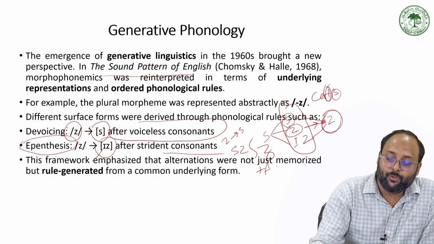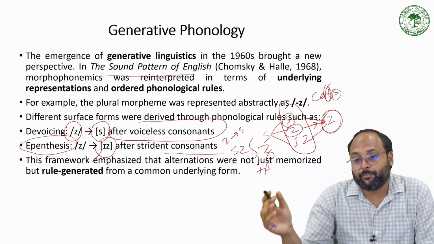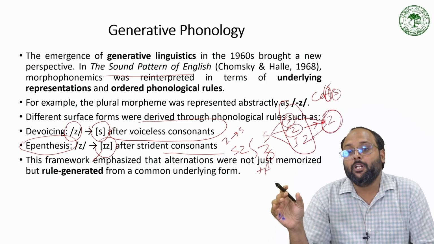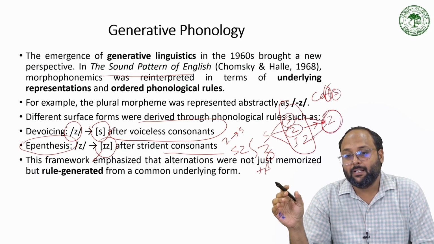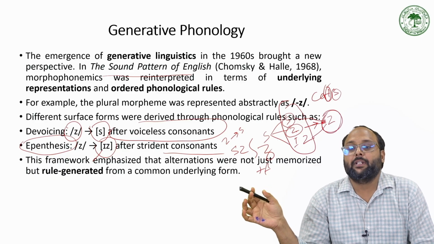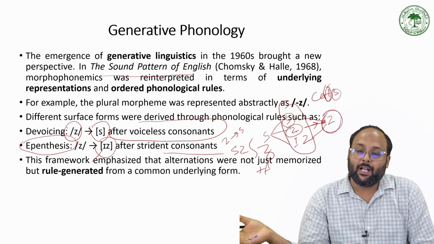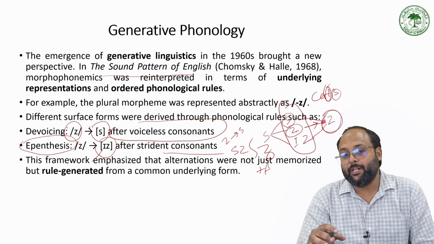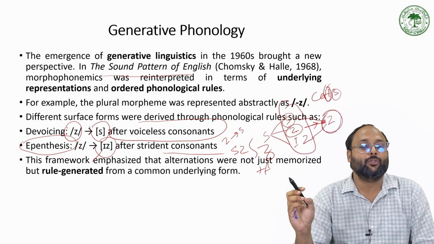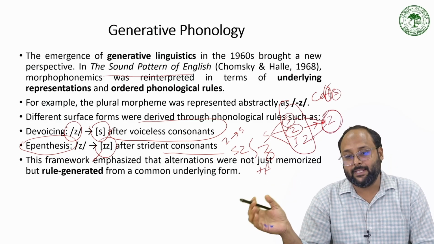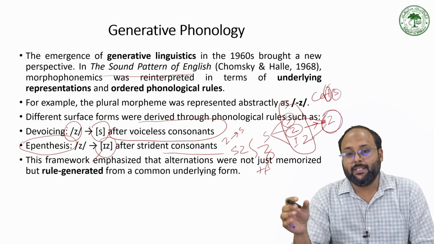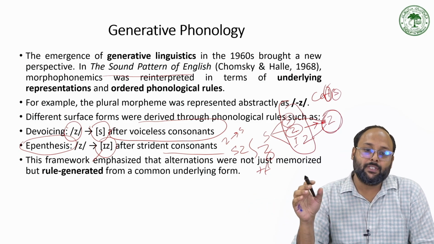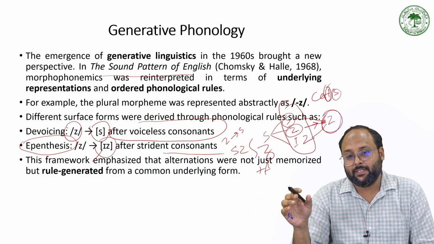If any plural morpheme like sa, which has the underlying representation za, occurs after any sibilant or strident consonant, it occurs as is. That is the rule of epenthesis discussed by the generative phonologists.